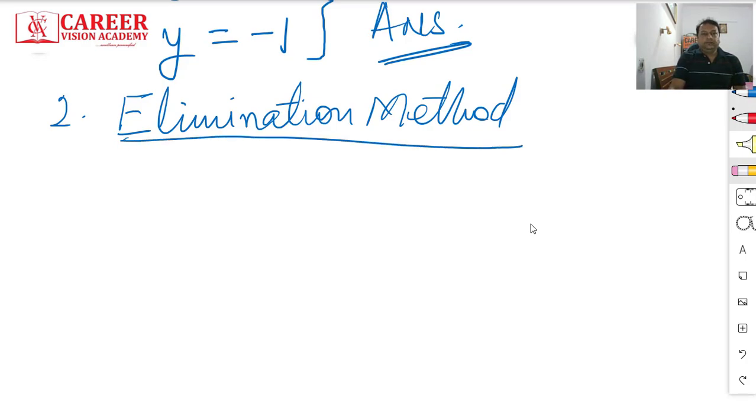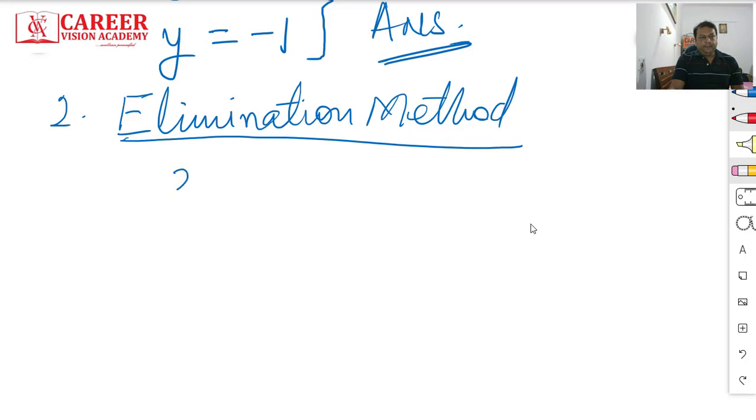Again, as we did in the first part, the substitution method, the name only suggested what substitution means. Now elimination is another method. The name will itself tell you what you have to do in these two equations.